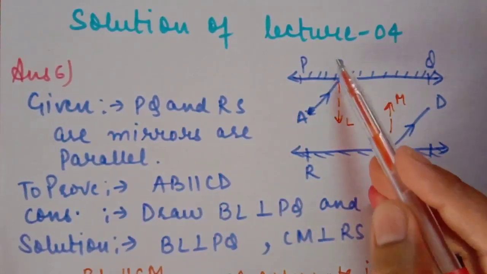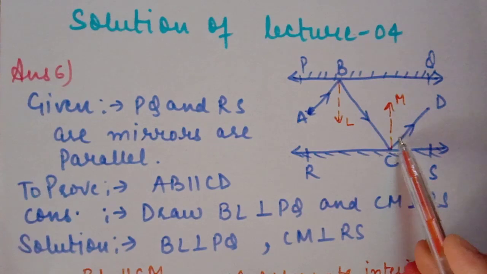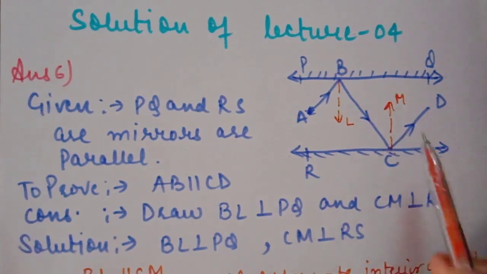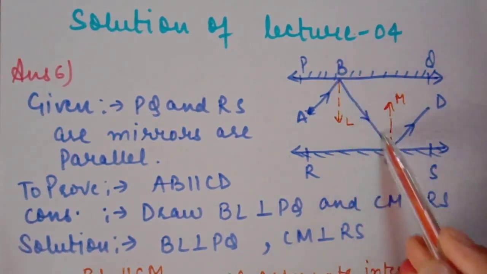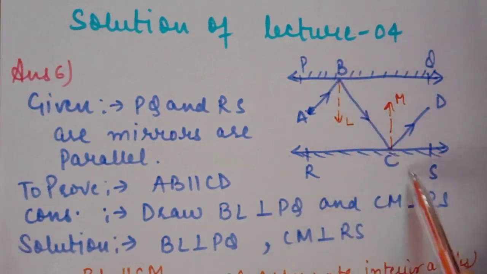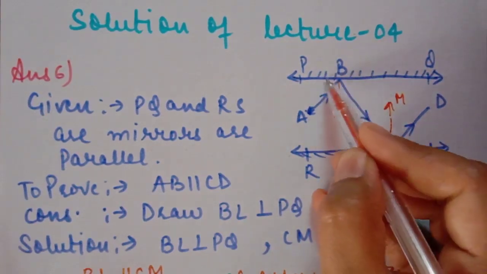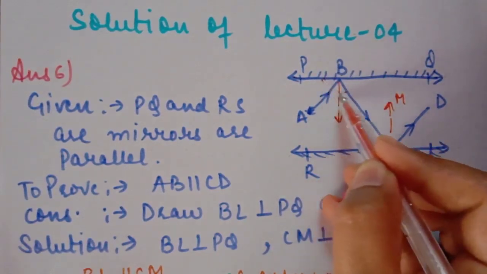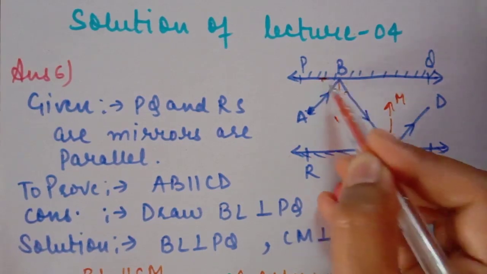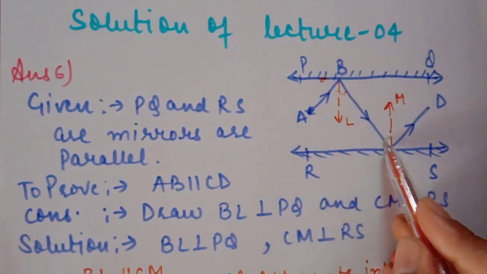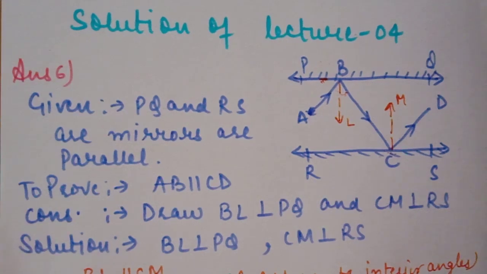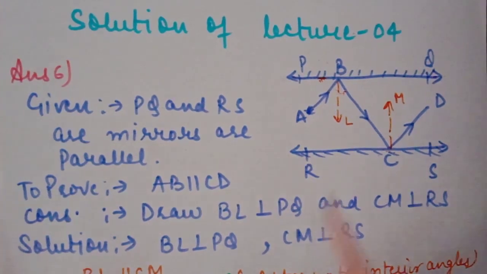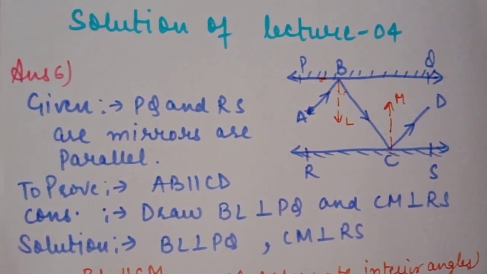Some of the students are saying, ma'am, this and this are the alternate interior angles. But if we take BC as the transversal line, then this complete angle and this complete angle are a pair of alternate interior angles, but we only want these two angles. So we will follow a special procedure.